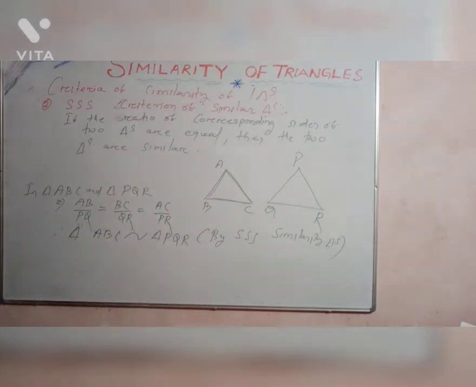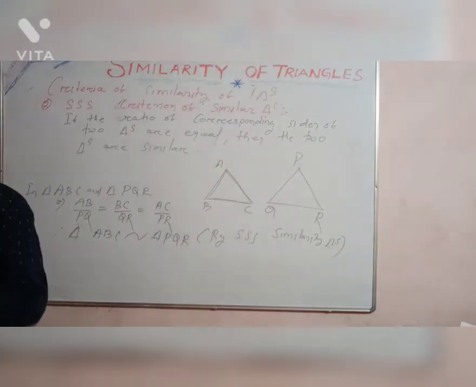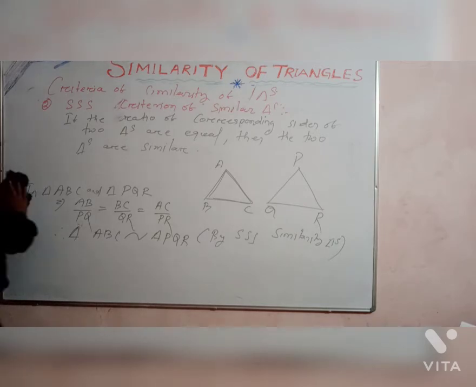Is it clear? This is about the side criteria of triangles. There is another important criterion, known as side angle side. Is it clear, students? Okay, let's move to the next.